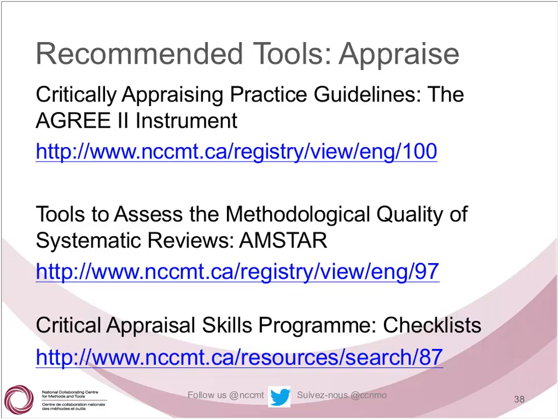If you're assessing the quality of a systematic review, the AMSTAR tool is a nice one to use. If you're looking at single studies, the CASP tools, or Critical Appraisal Skills Programme, has checklists for different kinds of single studies, whether they're randomized controlled trials or other kinds of designs. So lots of tools are available out there that will guide you through the process of critically appraising.